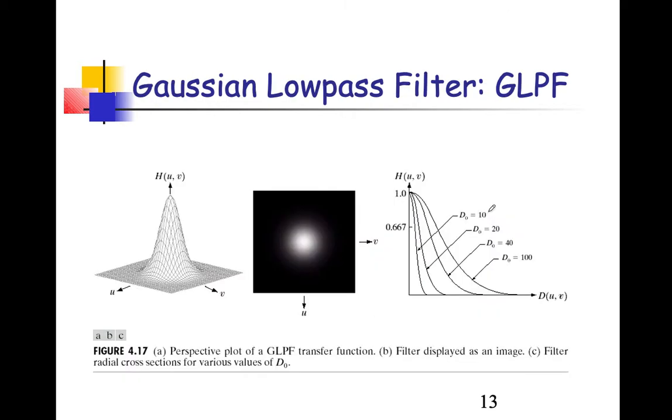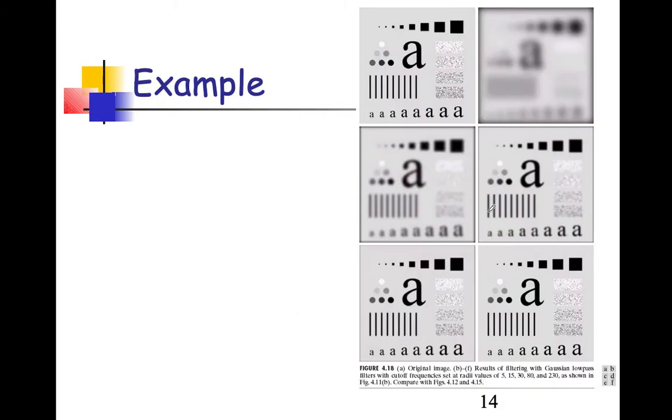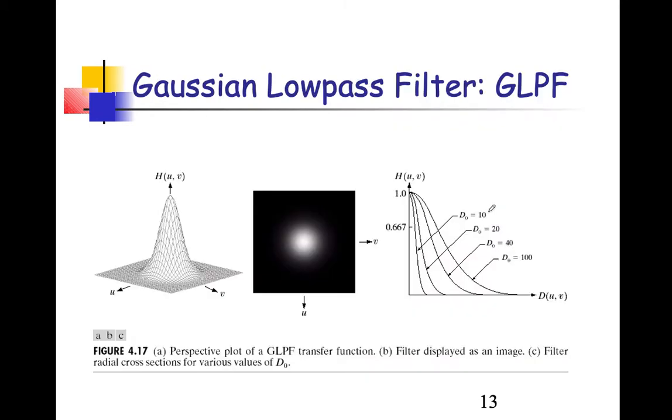Coming to the next filter, the Gaussian low pass filter. Here we have different cutoffs: D naught 10, D naught 20, D naught 40, D naught 100.